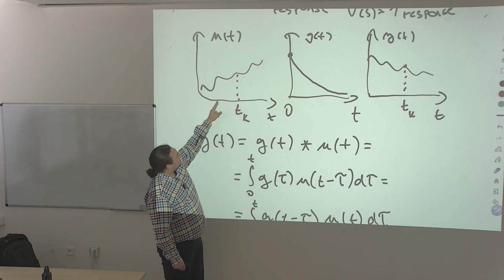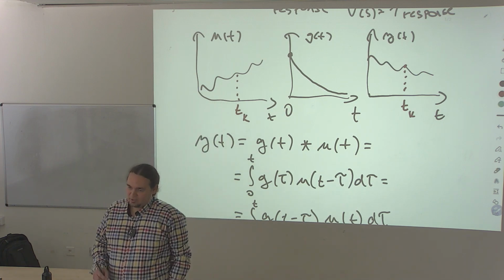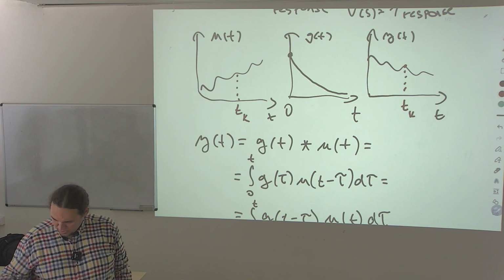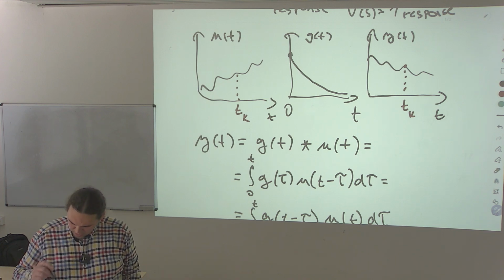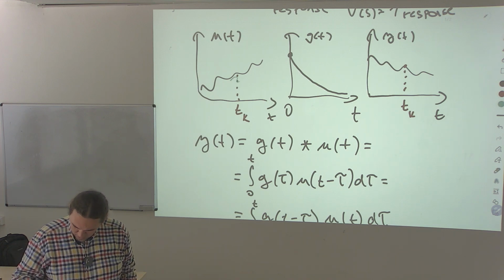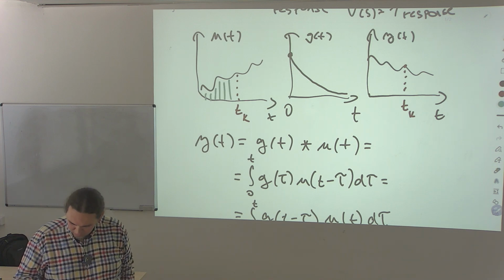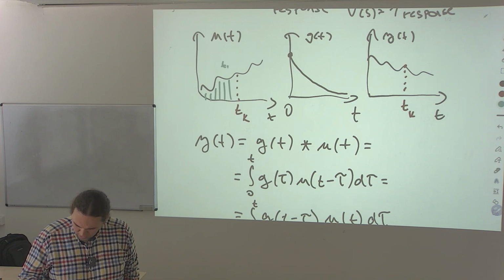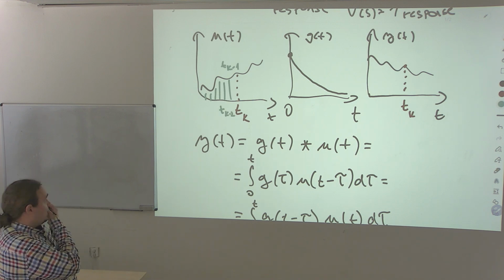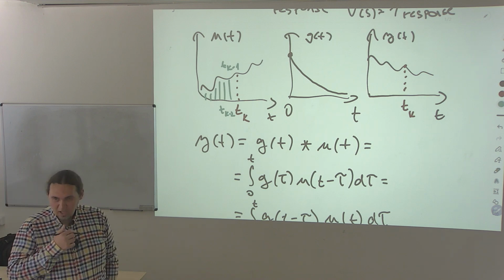So it reacts to these past inputs. So basically, it would take into account the tk minus 1, tk minus 2, and so on.